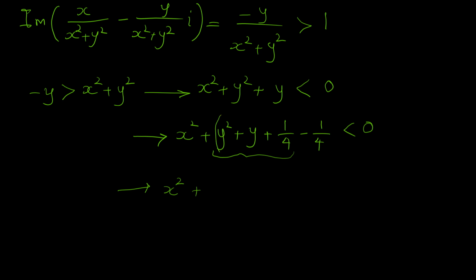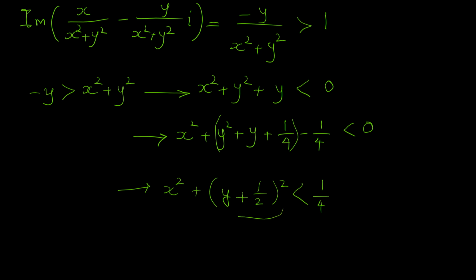This, if we consider this as a group, can be written as y plus 1/2 to the 2. Again, where does this 1/2 come from? Half of this coefficient. This is the technique for writing a quadratic expression in the complete square form. And for that negative 1/4, we are going to move it to the other side. So then we have less than 1/4.